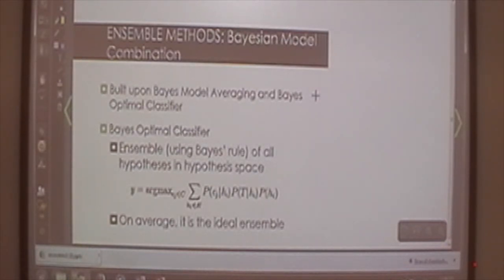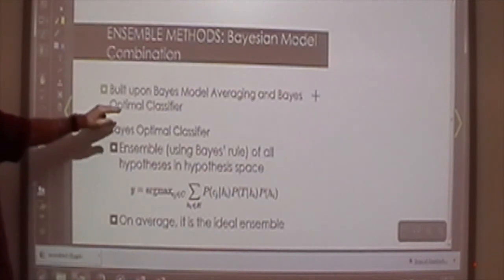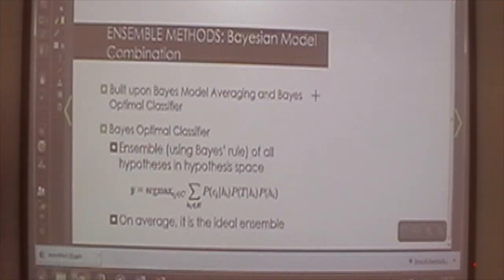It's built upon the concept called Bayes model averaging and the Bayes optimal classifier. So let's start by looking at what a Bayes optimal classifier is. There's a fancy looking formula there, but it's an ensemble using Bayes rule of all your hypotheses in your hypothesis space.